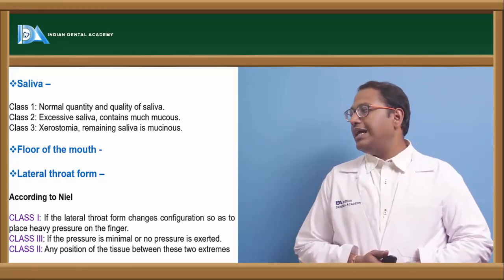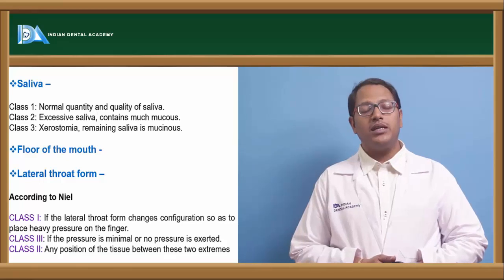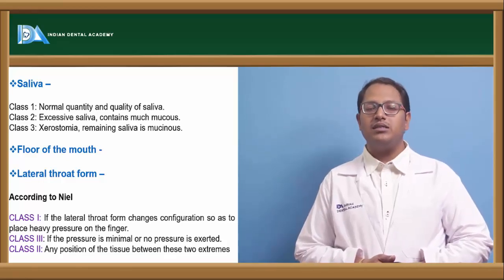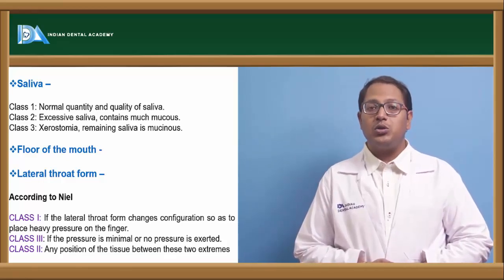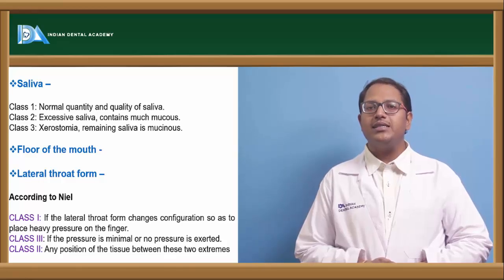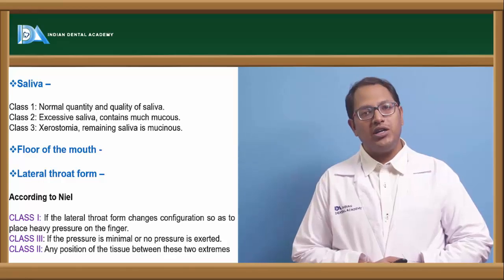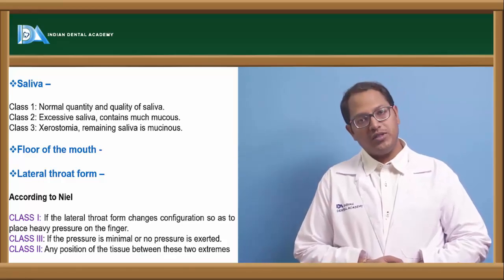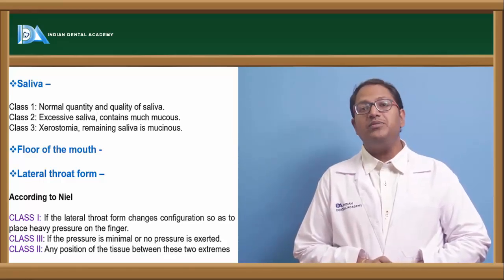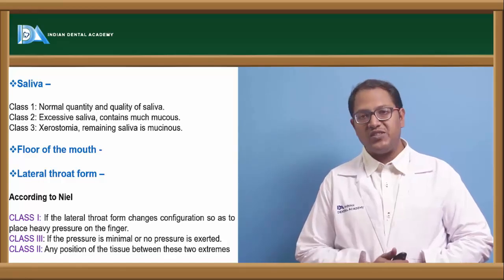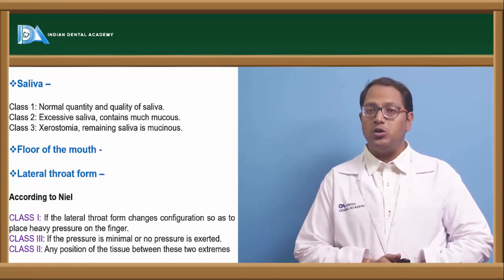So next comes the lateral throat form. Another important thing which was given by Sir Neil was the lateral throat form. What exactly is it? It is the posterior part of the retromylohyoid fossa with the floor of the mouth. How will we inspect that? We will inspect it with the help of our index finger or our mouth mirror.